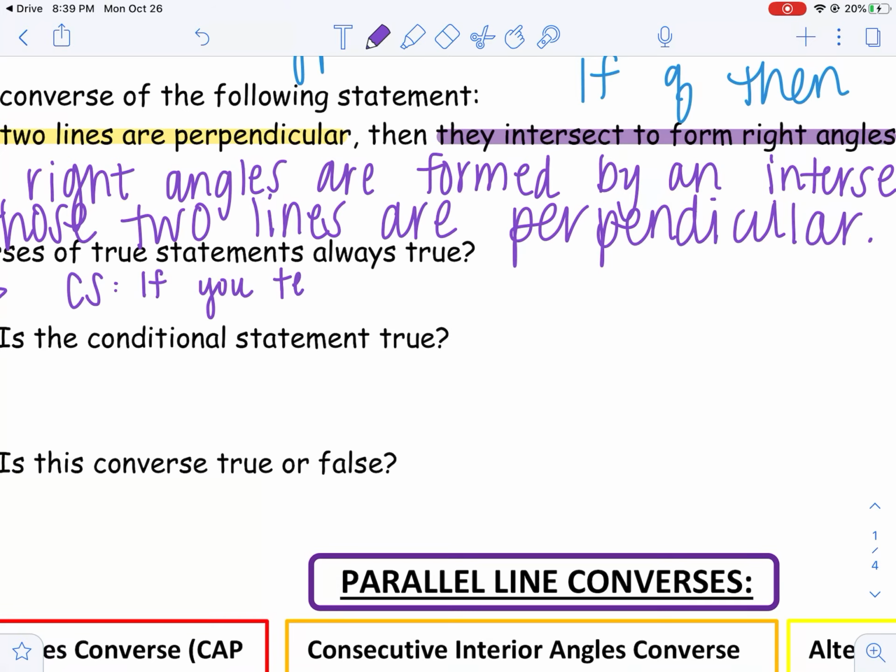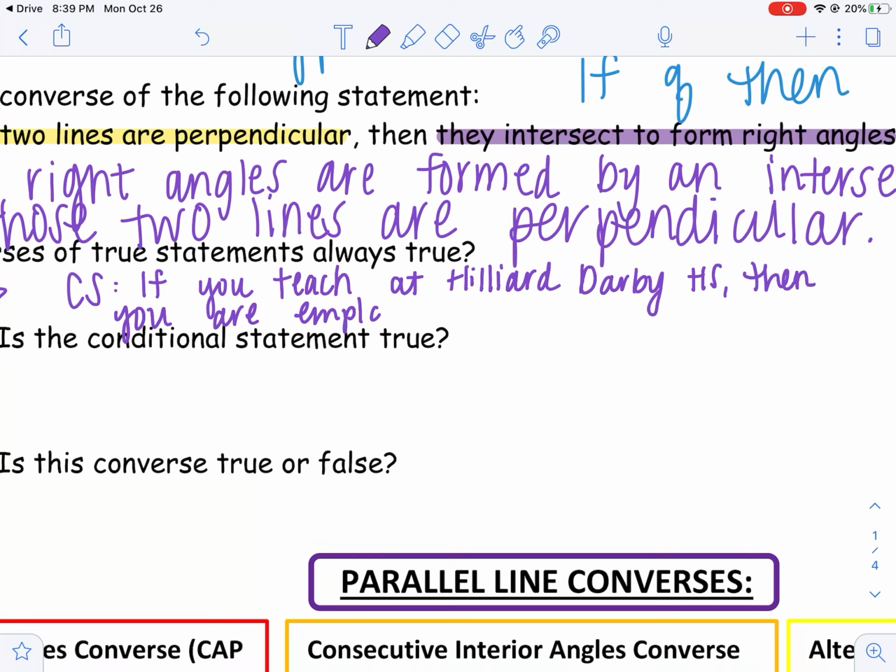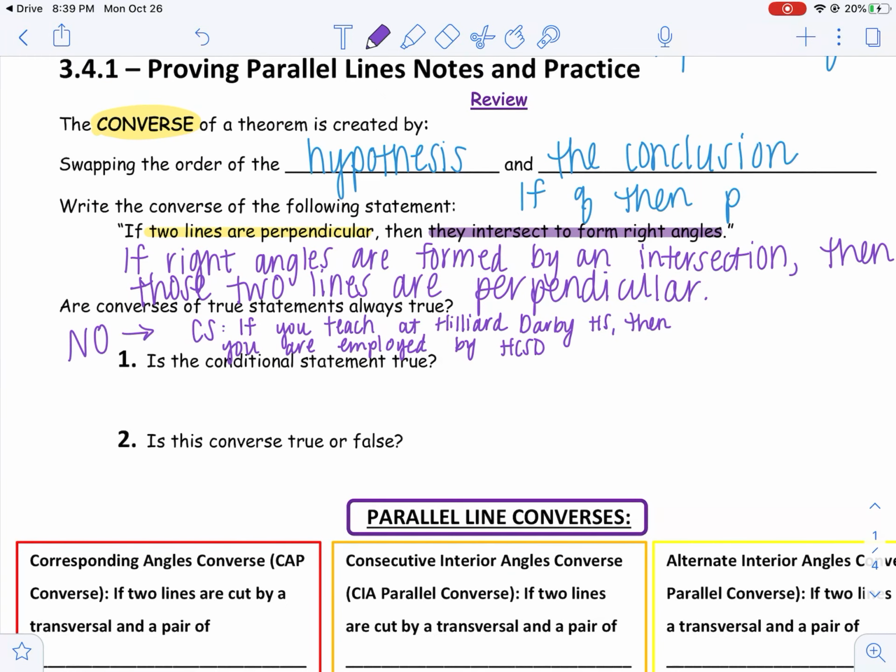If you teach at Hilliard Darby High School, then you are employed by Hilliard City School District. Okay? Just thinking of myself.